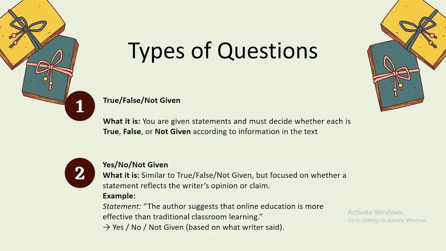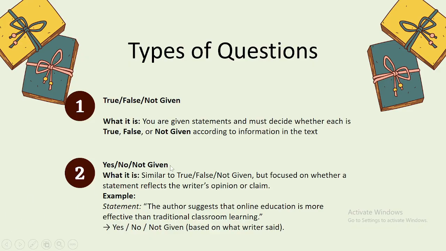Based on the passage, you have to decide. If it completely agrees with the passage, it is obviously true. If it contradicts the passage, that means it is false, and if some information is missing, that is not given.